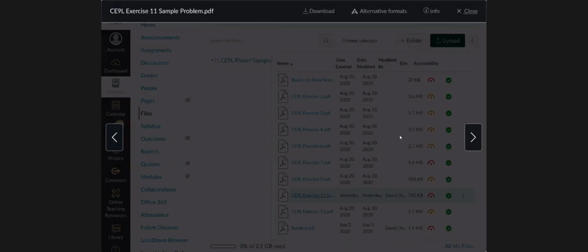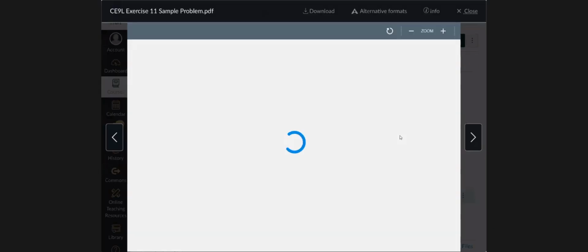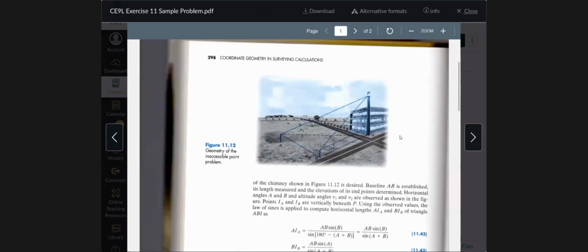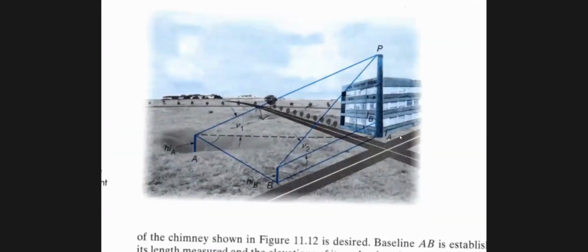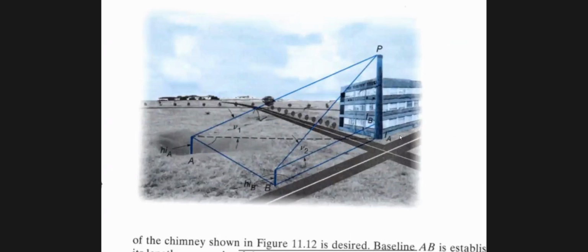This is the photocopy of the sample from your textbook of this problem. So here's sort of a bird's eye three-dimensional view. And I'm going to point out something that you need to write down and you need to understand, okay?